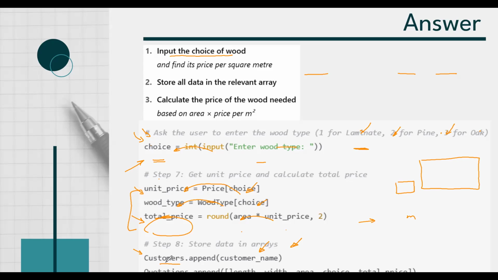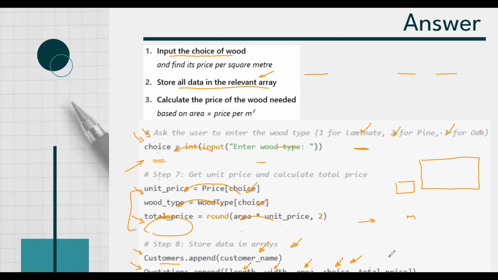Every customer that we deal with, we have to save in the customer list for later reference. And for the quotations, we have to save the length and the width entered by the user, the area, which is the multiplication of the length and the width, and the choice that the user input. If he's telling you to store all the data in the relevant array, and you know that the quotations 2D array needs to have this data stored, then forget about it if you don't know how to get the choice or the area or even the total price, it doesn't matter.